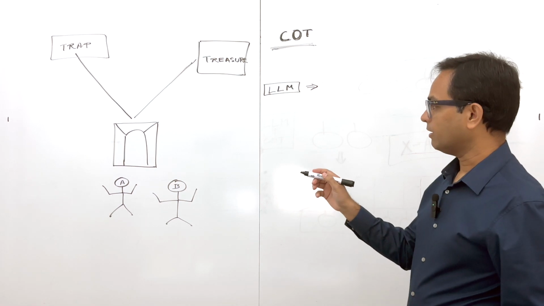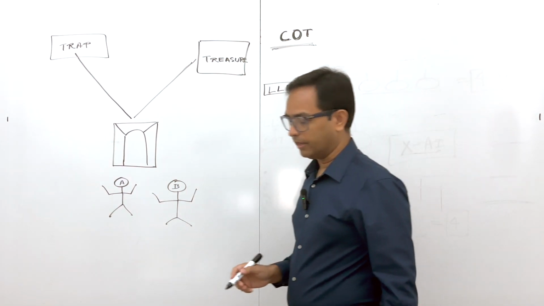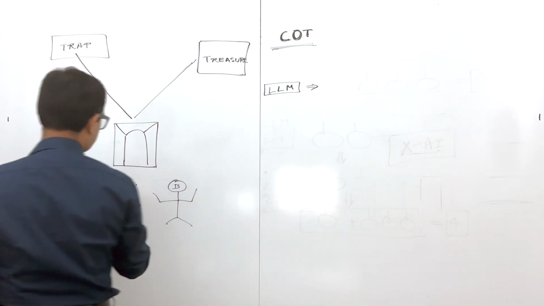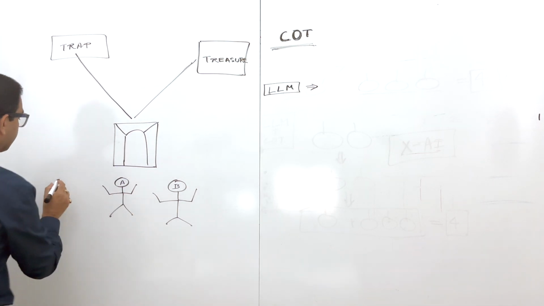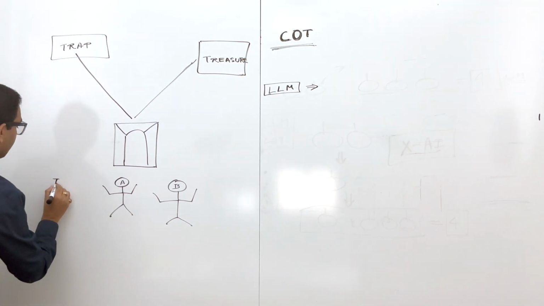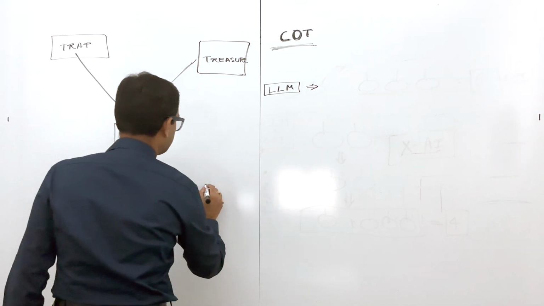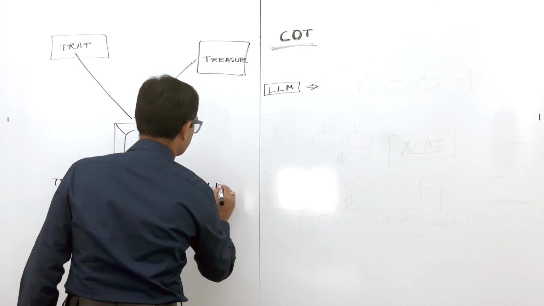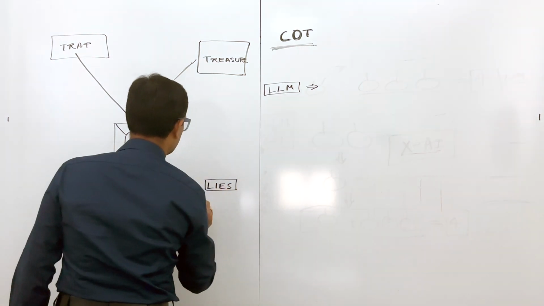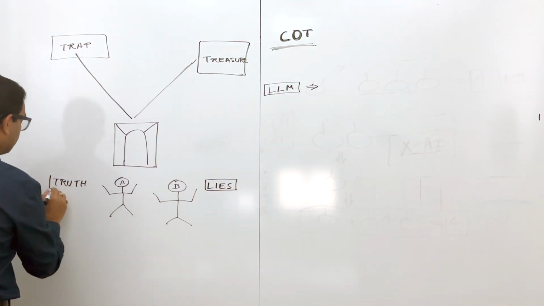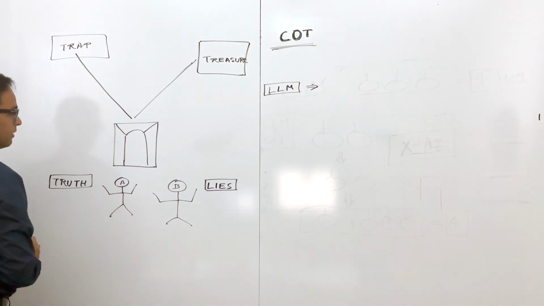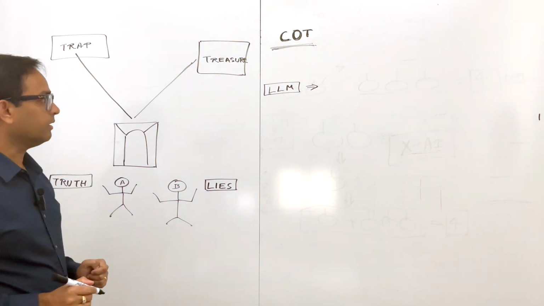And I forgot to tell you one thing. One of these guards always says the truth, never lies. And one of these guards always lies, never says the truth. But you don't know which guard is the truth teller and which guard is the liar.